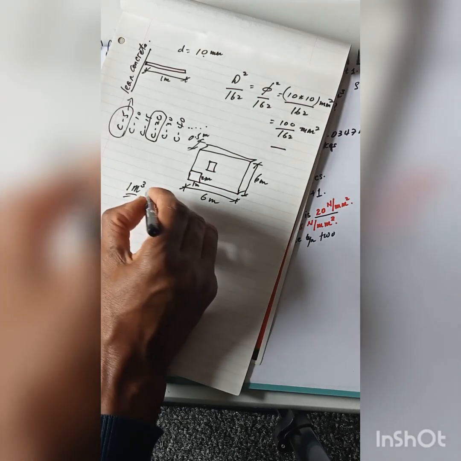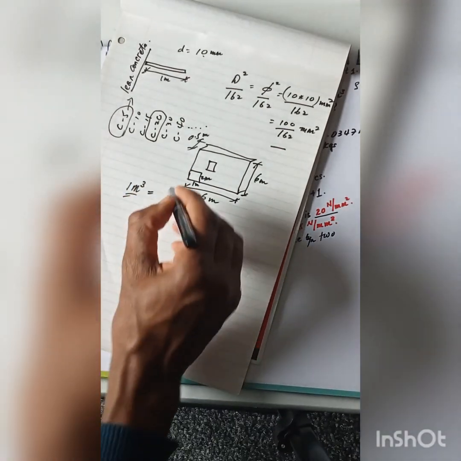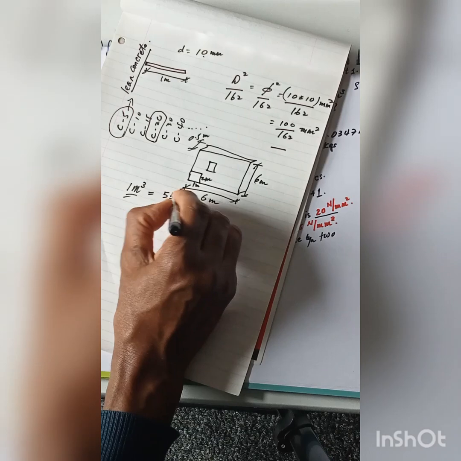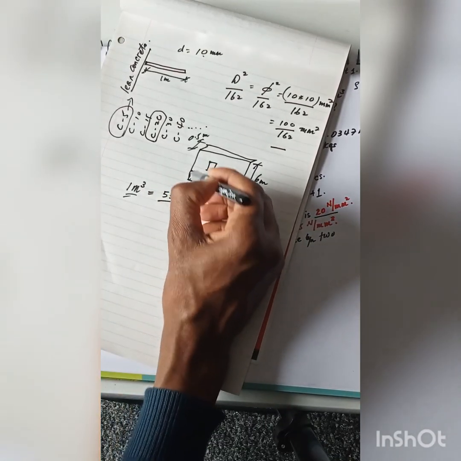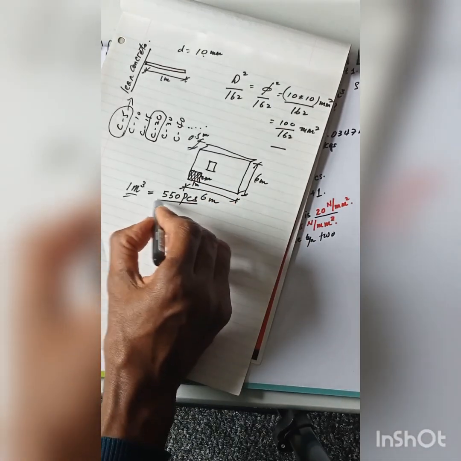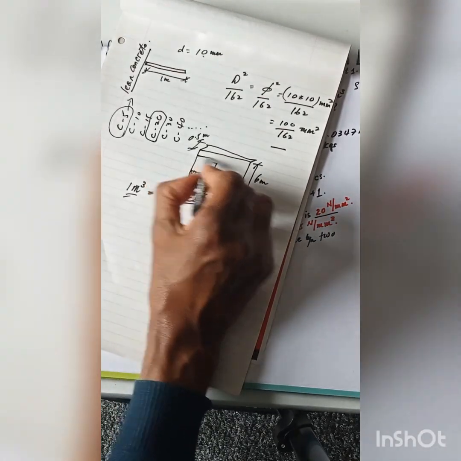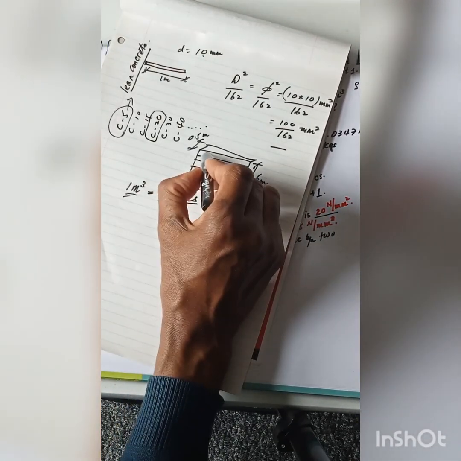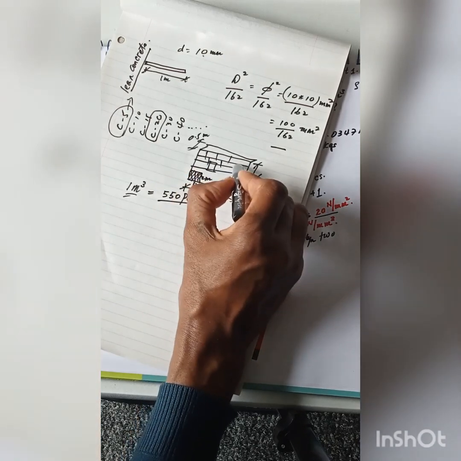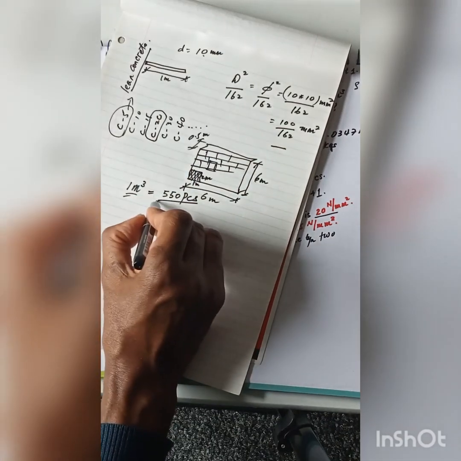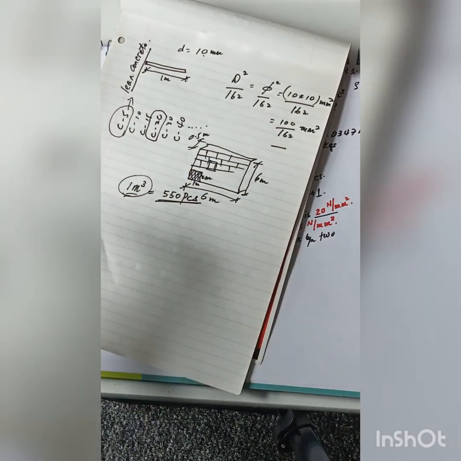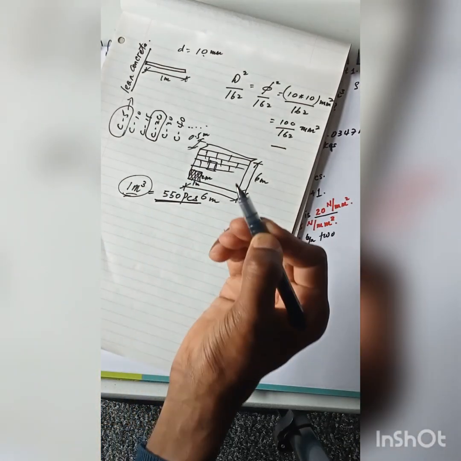For 1 meter cubed, how many bricks do we need? 550 pieces of brick. So in 1 meter cubed, 550 pieces.